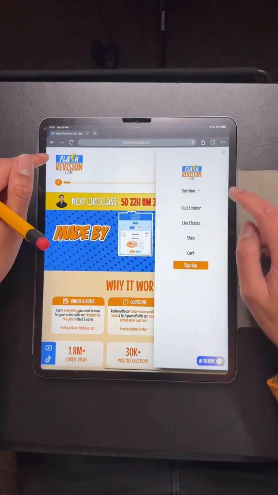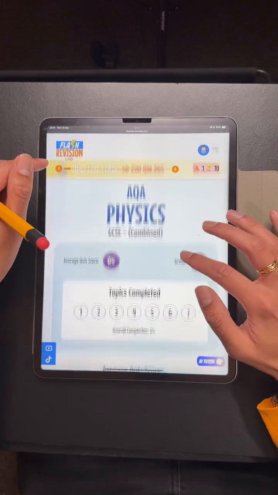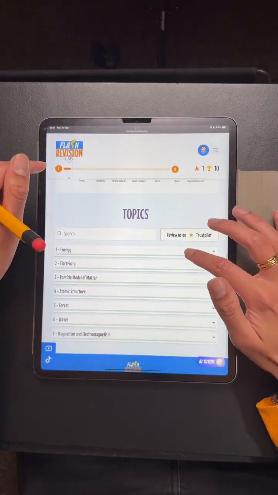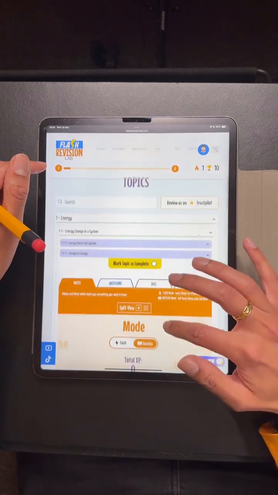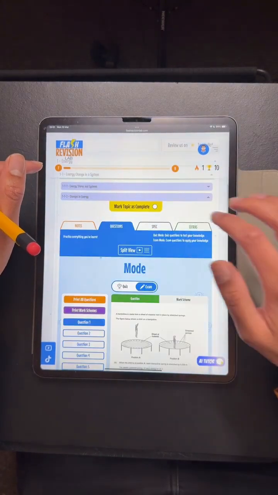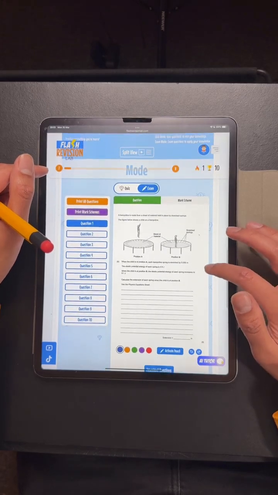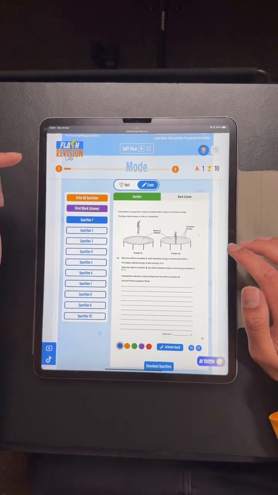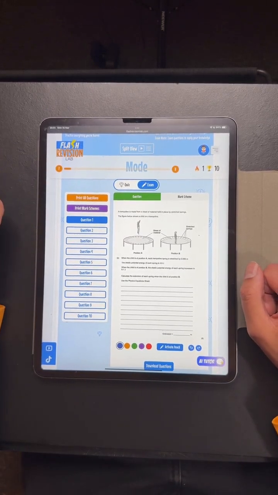So without further ado, I will go to physics and I will go to changes in energy. This will be with different types of energy transfer and the equations related to them. So I'm going to write these out. Obviously, there's a few calculation questions here, so I'll talk through them.